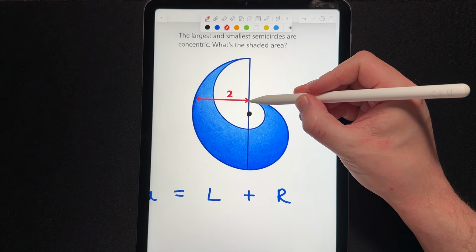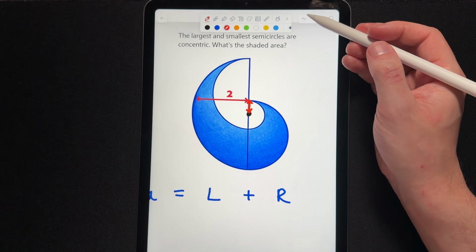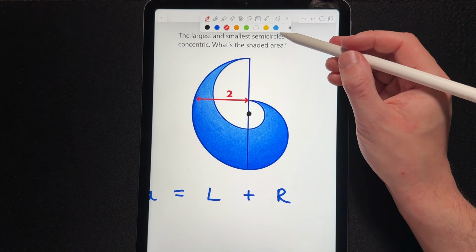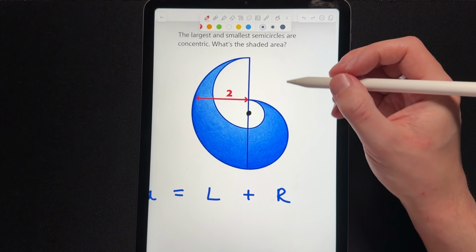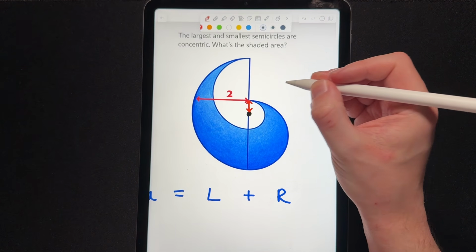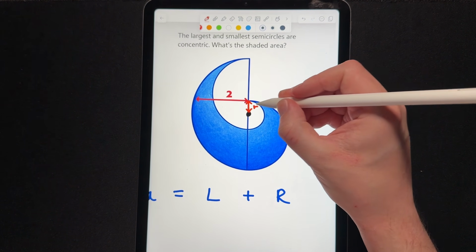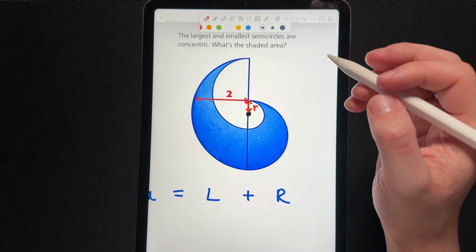So we can see that there is a diameter in here. I might grab a smaller pen to do this, but there is another radius within here on the smaller semicircle, which I'm going to call lowercase r.